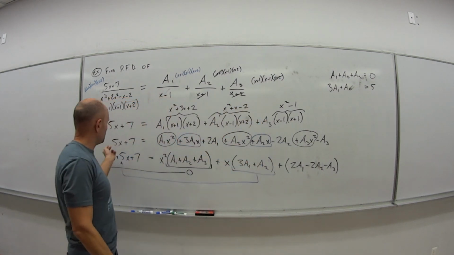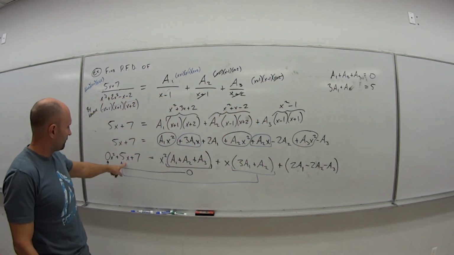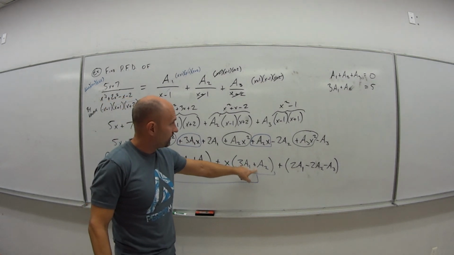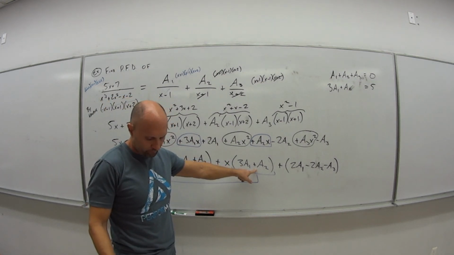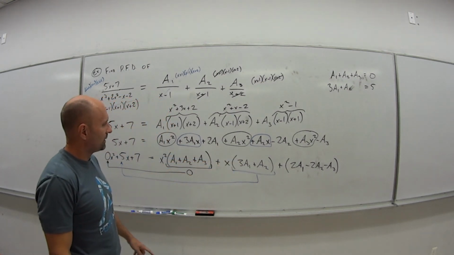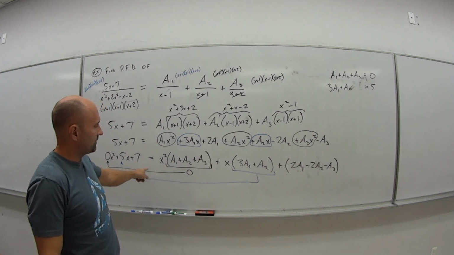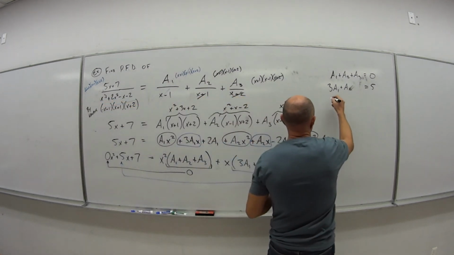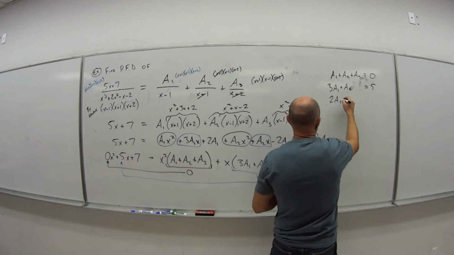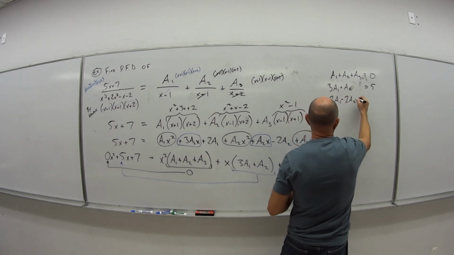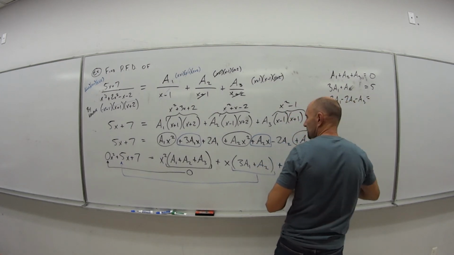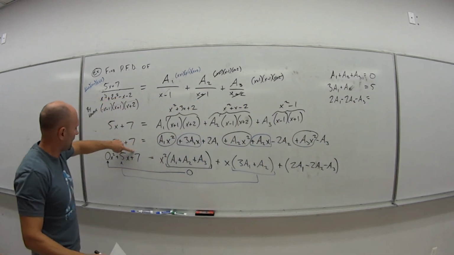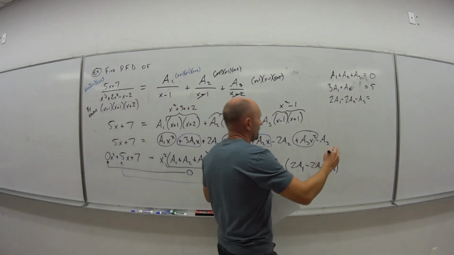The only way these two sides of the equation can be equal, with 5x on the right, is if this is equal to 5x. And then last but not least, the constant value, 2a1 minus 2a2 minus a3, has to be equal to this guy over here, which is 7.